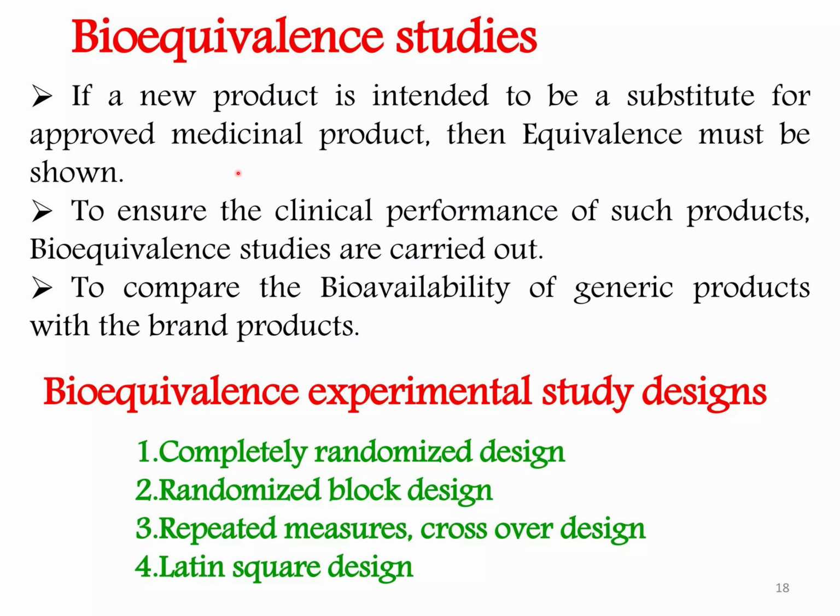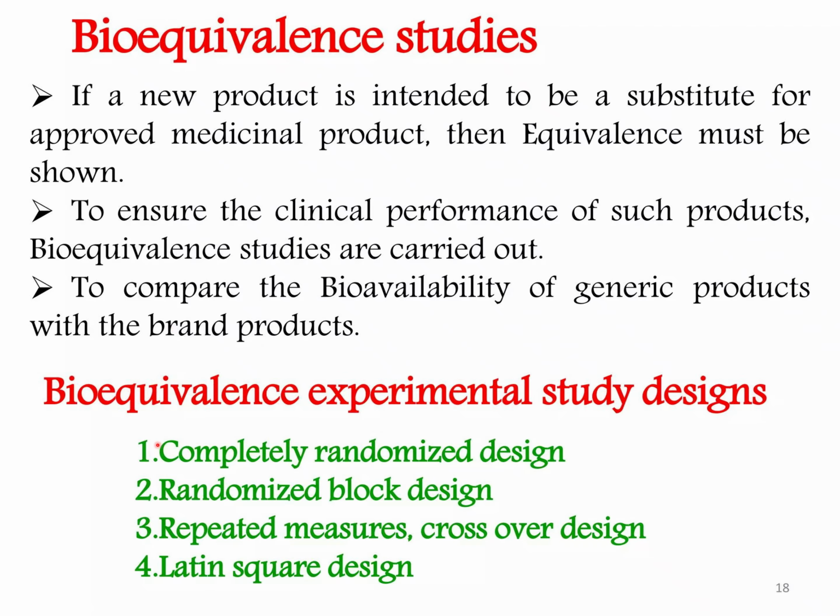So now let's see different bioequivalence studies. There are usually four types of bioequivalence studies which are performed on healthy volunteers. If a new product is intended to be a substitute for approved medicinal products, then equivalence must be shown. To ensure the clinical performance of each product, bioequivalence studies are carried out to compare the viability of generic products with the brand products.